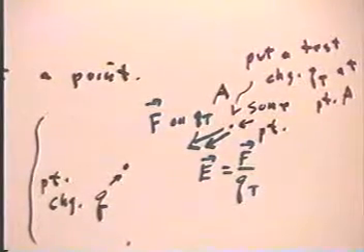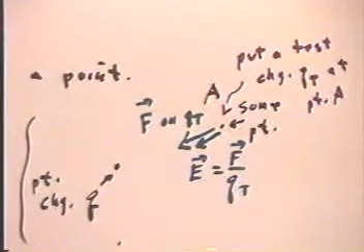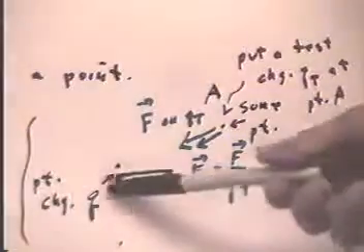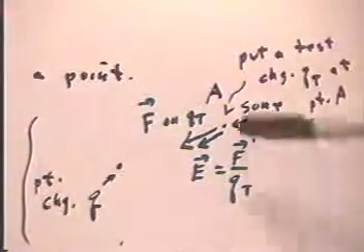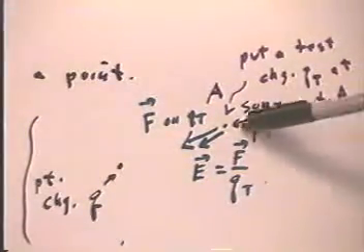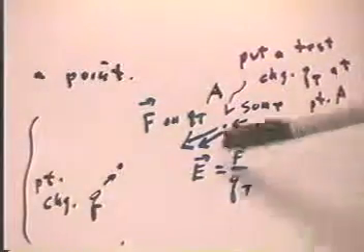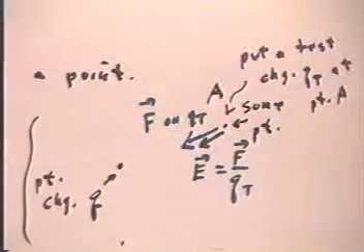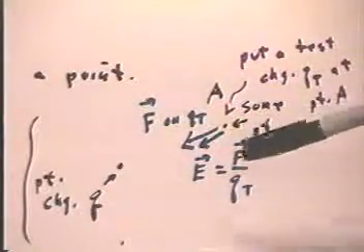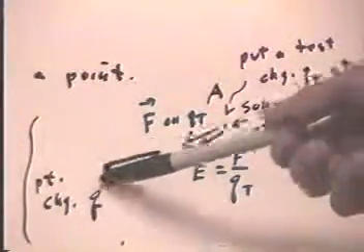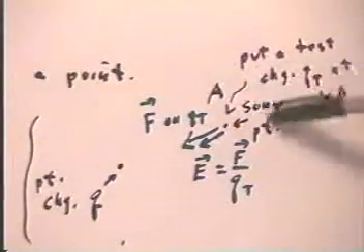So the idea is we've got a point charge Q here, and here's some point at which we want to calculate the electric field. We're going to put a test charge there.